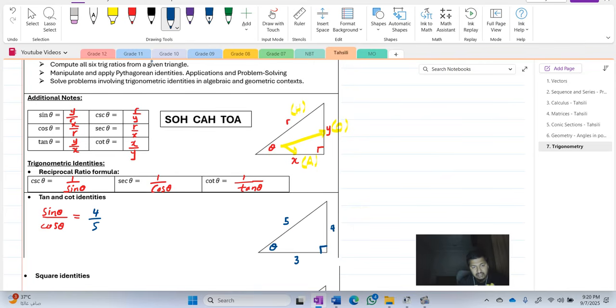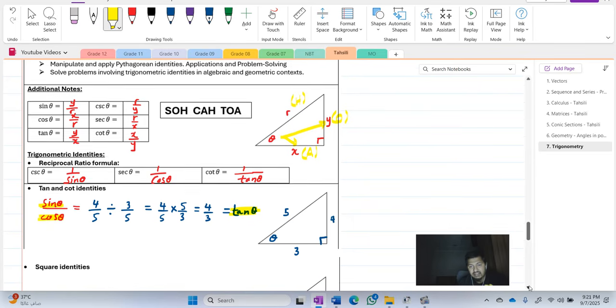If we divide it by cos theta, which is 3 over 5, we get 4 over 5 divided by 3 over 5. We keep, change, flip: 4 over 5 times 5 over 3. The 5's cancel out, we get 4 over 3. And clearly 4 over 3 is a tan ratio, so sine theta over cos theta is equal to tan theta.